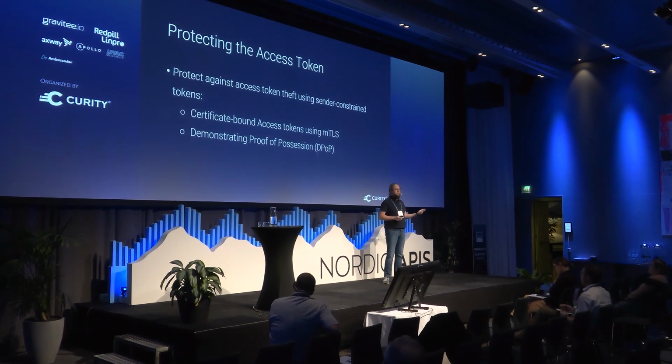So they have to break into the client, not only intercept a request to the API. There are two technologies that allow you to do it. You can either use certificate-bound access tokens if your client can connect with mutual TLS to the authorization server and to your APIs. Or if that's not possible, you can use a standard called Demonstrating Proof of Possession.